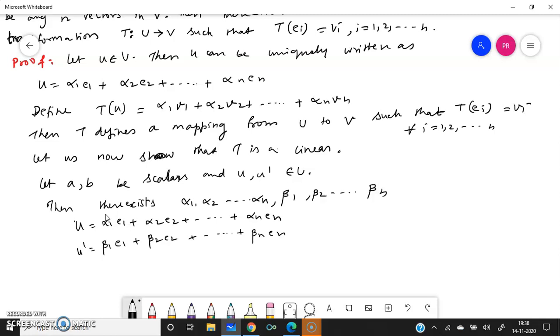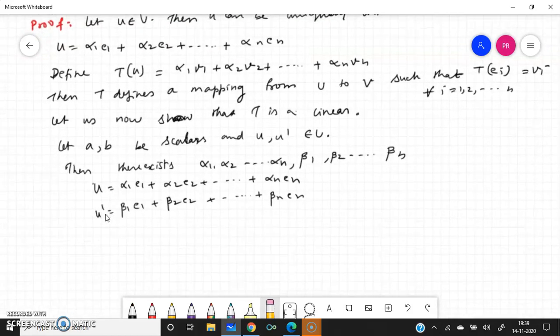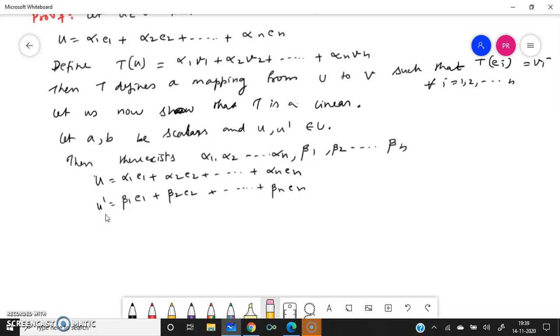Then we have taken two elements a and b, scalars. We want to prove T is a linear transformation, right? In order to prove T is a linear transformation, we will take a u plus b u dash. What will be a u plus b u dash?